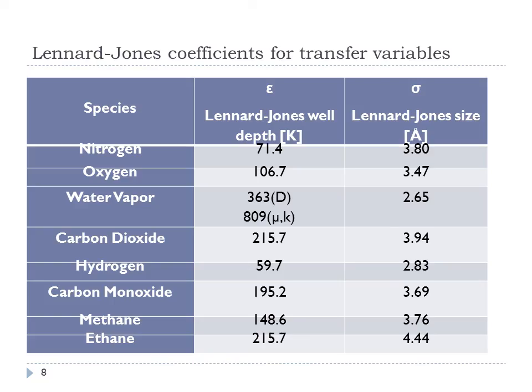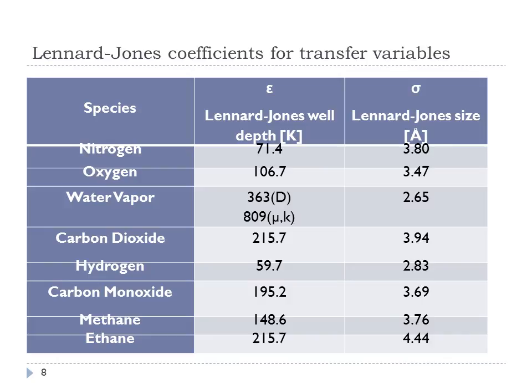Here are values for the main species of interest in this class: the Lennard-Jones well depth as well as the Lennard-Jones size. The depth is given in Kelvin. It's really an energy, which you can always turn into Kelvin through the Boltzmann constant. And then the Lennard-Jones size is basically a characteristic size of the molecule.